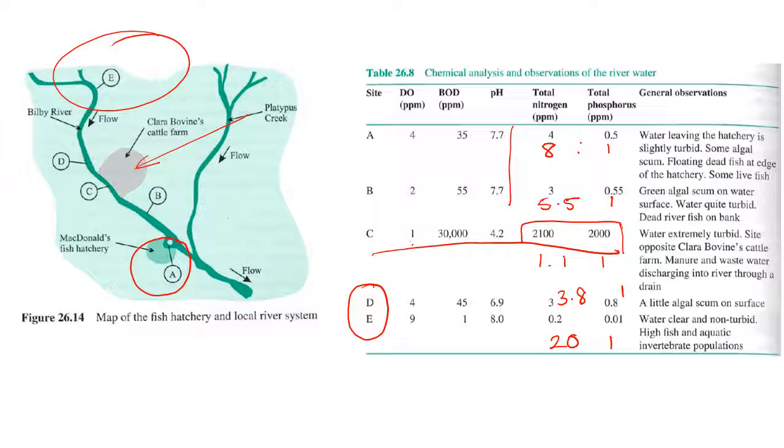Now, to improve this, as we said, Clara's bovine farm is probably the most likely source of contaminants. To stop this occurring, it would be strongly encouraged that she not discharge her manure straight into the waterway. You couldn't just say don't discharge into the waterway. You'd have to give possible outcomes.